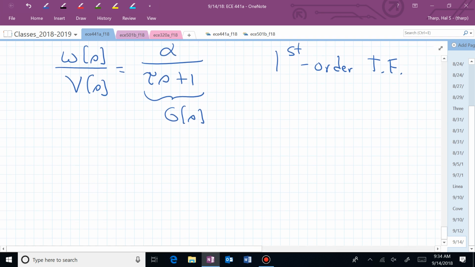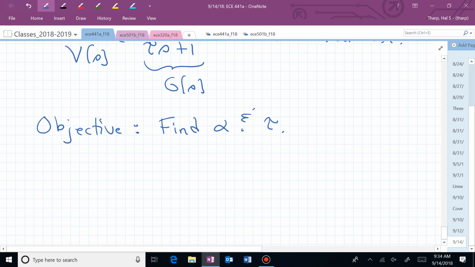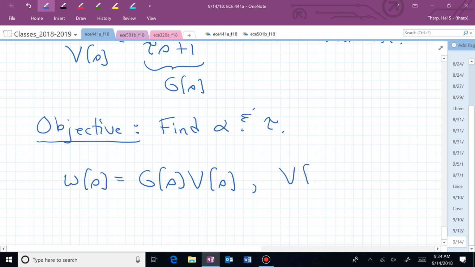So now our objective is to actually find, again, these unknowns, alpha and tau. And we know omega of s is G of s times V of s, and let's just assume that the applied voltage to that motor, again, is a constant value.